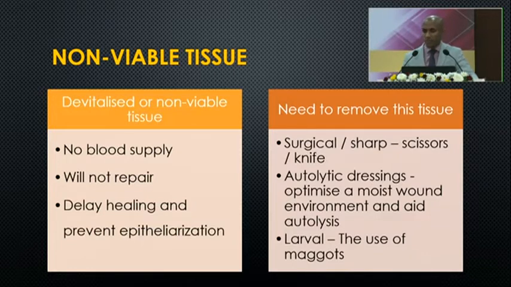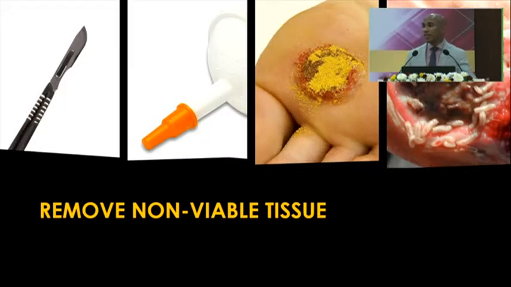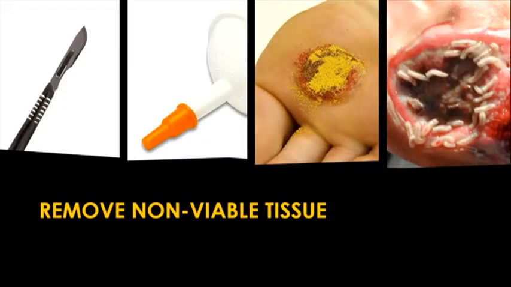The third option is larval or maggot or biological debridement. It's available in Sri Lanka, not commonly done for various reasons, including acceptability to patients, but it is an available option. And there are situations where larval therapy works very well. So these are the options of removing non-viable tissue.